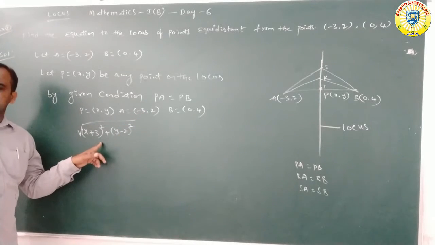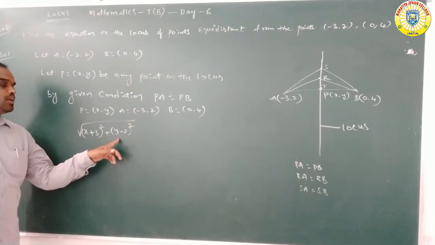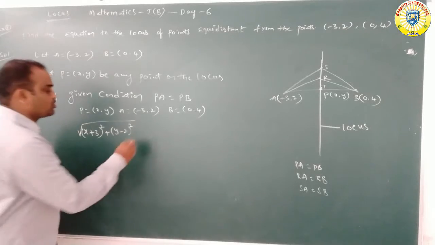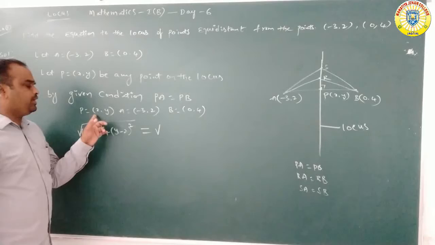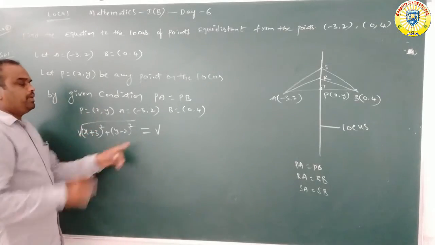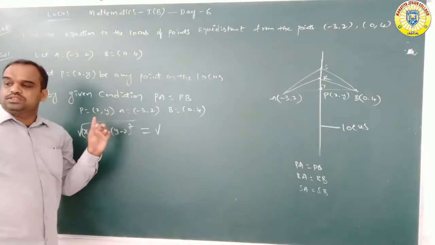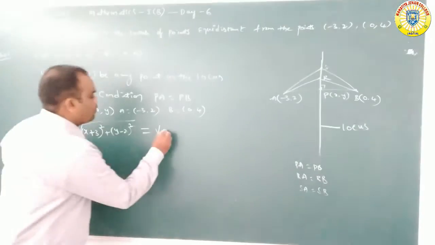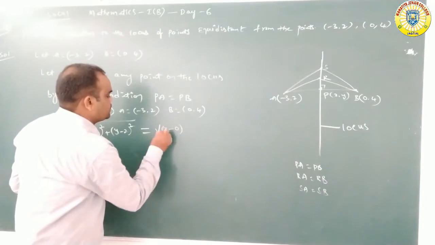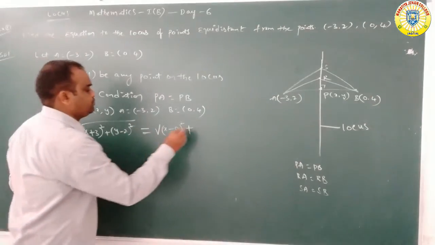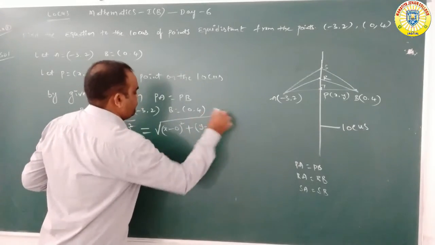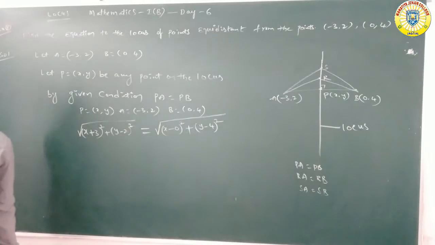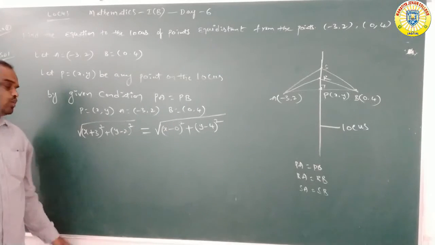This is equal to PB: under root of x minus 0 whole square plus y minus 4 whole square, where P is x comma y and B is 0 comma 4.